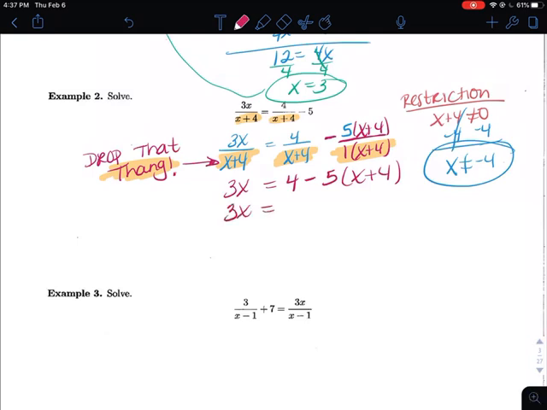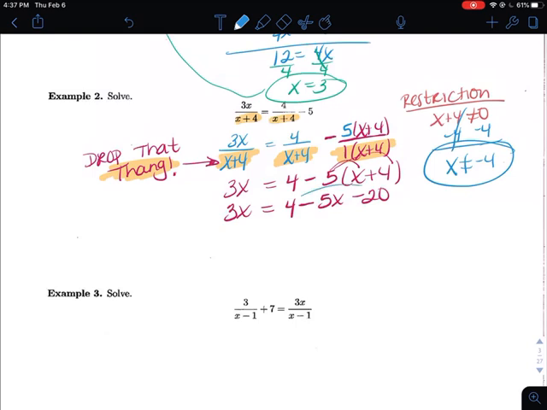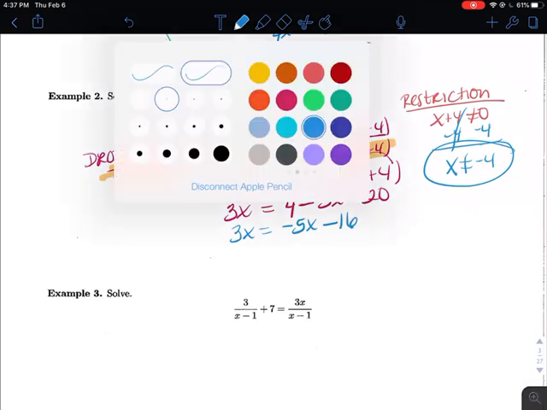So this is 3x equals 4 minus, I need to distribute this -5 to this parentheses. So this is actually a minus 5x minus 20. Combine like terms. So I get 3x equals -5x minus 16.